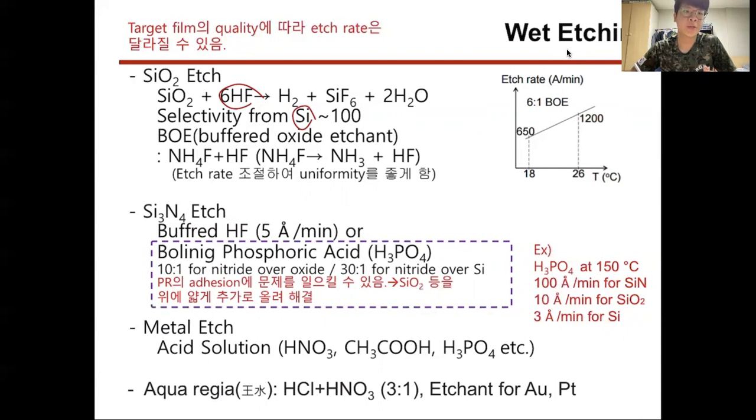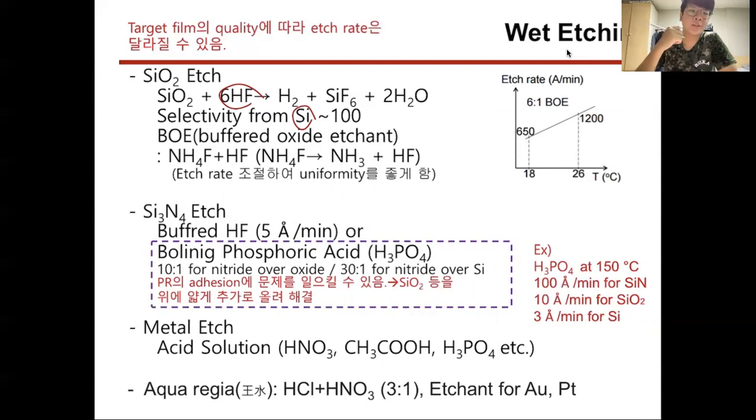And then silicon nitride. Silicon nitride also uses buffered hydrogen fluoride on the other side, because the buffered hydrogen fluoride can also etch silicon dioxide or silicon, so we use boiling phosphoric acid.